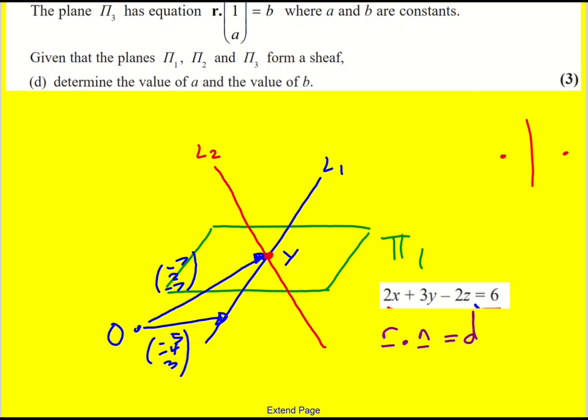But the point is that we can rewrite it as r dotted with (2, 3, minus 2) equal to 6 in this case. And that means I have my normal vector n is going to be (2, 3, minus 2).